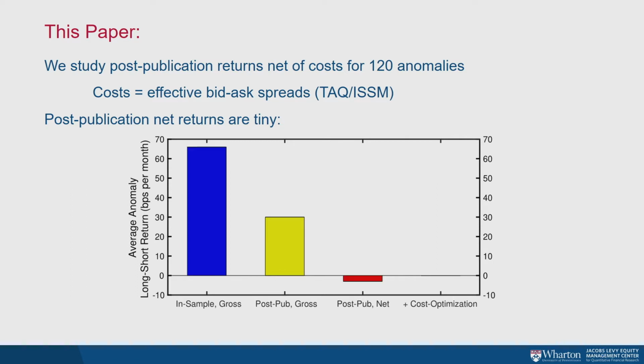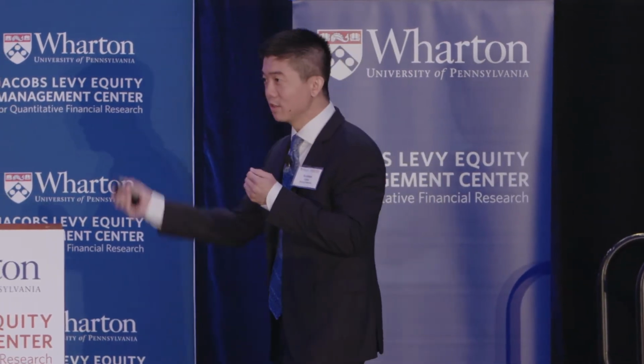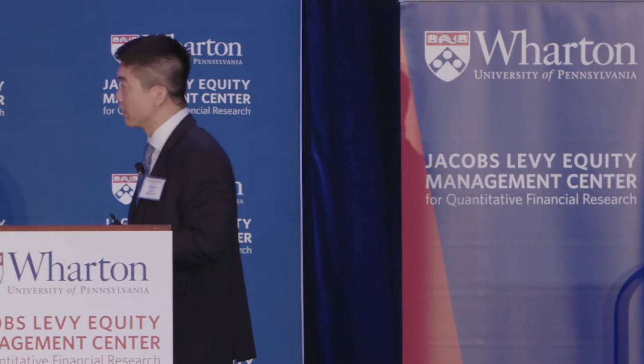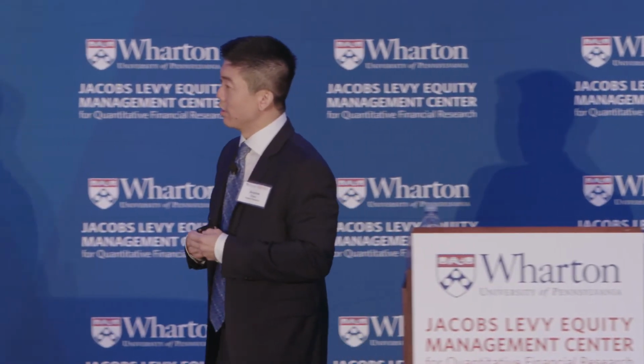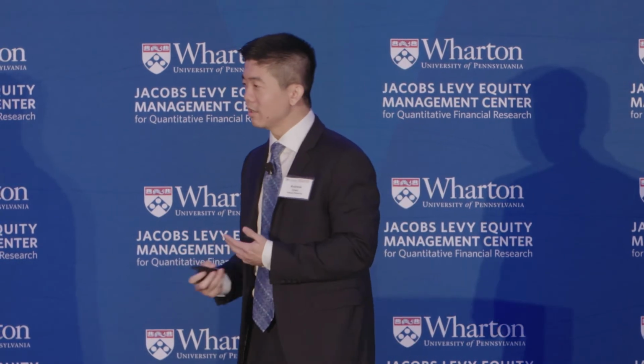So the next bar is where our paper comes in. Once you account for trading costs, you get minus 3 basis points per month. Now, as alluded to in the previous presentation, academic strategies are not the most sophisticated, at least not with respect to transaction costs.